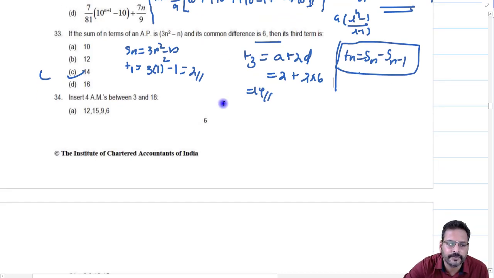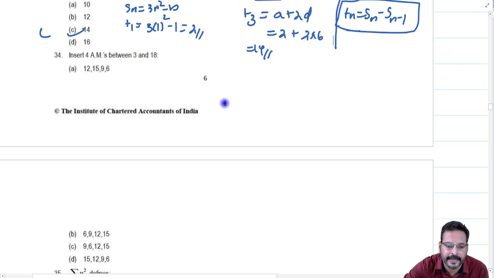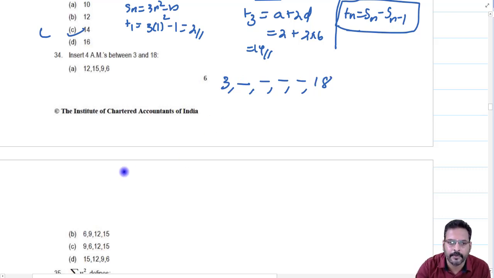Okay. Insert 4 AMs between 3 and 18. So insert 4 AMs: 3, then 1, 2, 3, 4, then 18. So that means 1, 2, 3, 4, 5, 6, the sixth term of AP. Insert 4 arithmetic means, that means the given numbers are in AP. Then T6 is equal to a plus 5d.